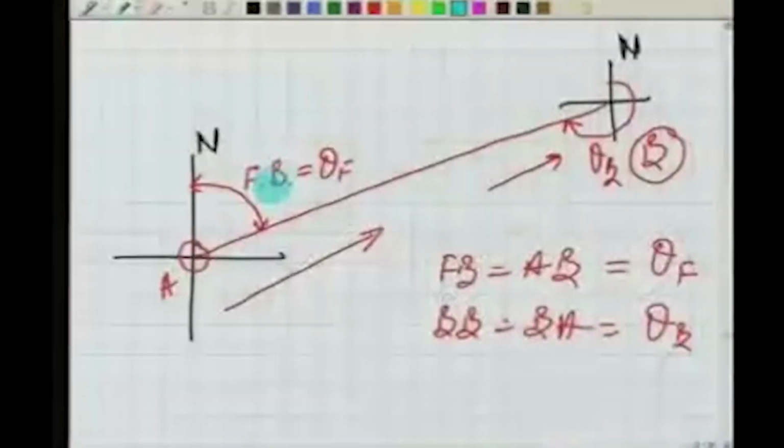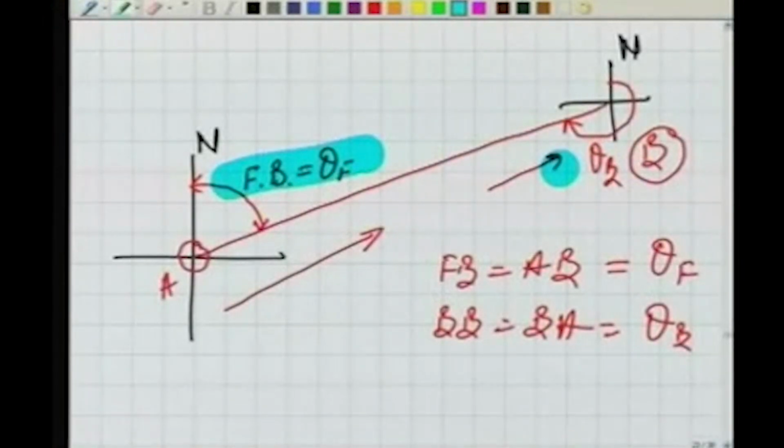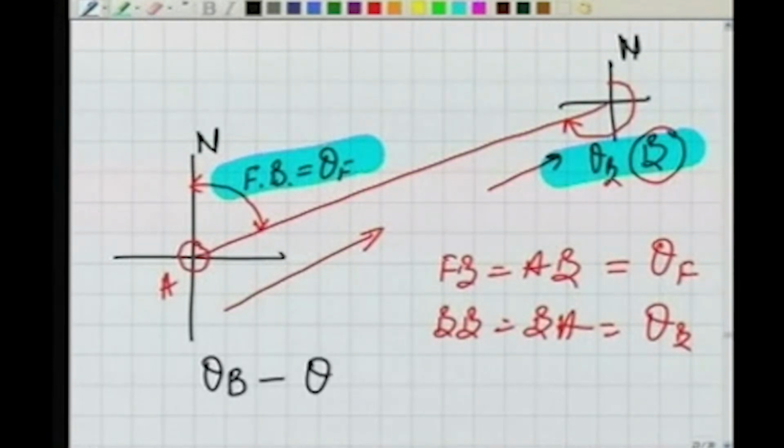Can you see there should be some relationship between these 2 values, fore bearing and back bearing? You can make it out very easily from here. That relationship should be, if you take the back bearing minus fore bearing, that should be 180 degrees.